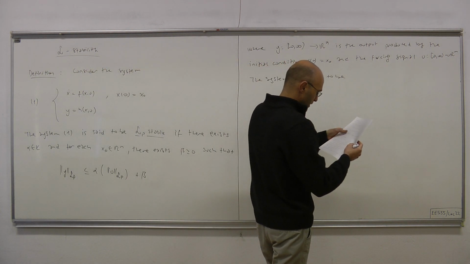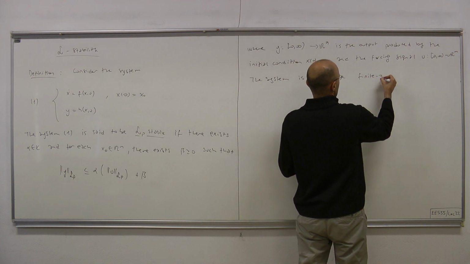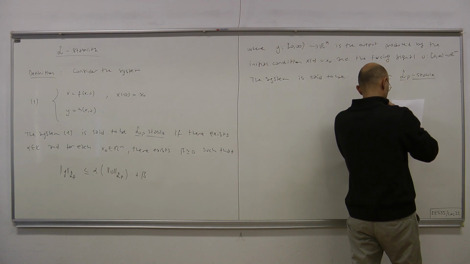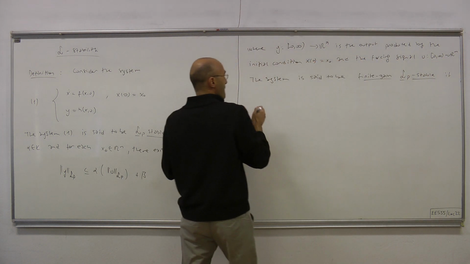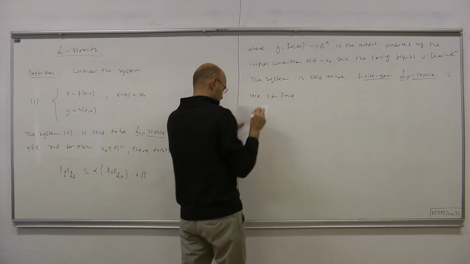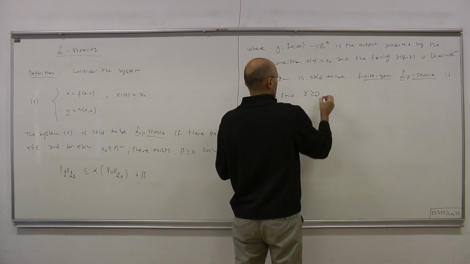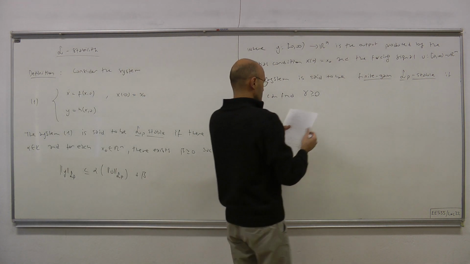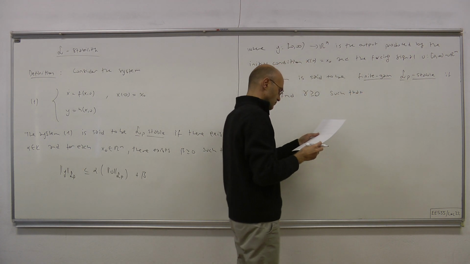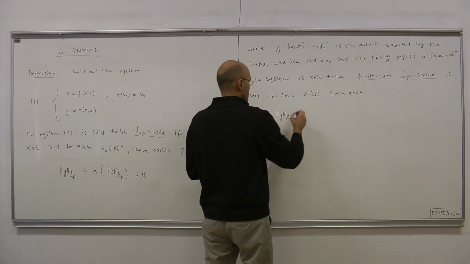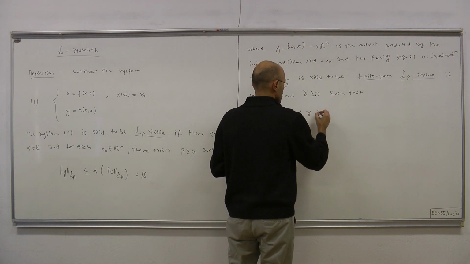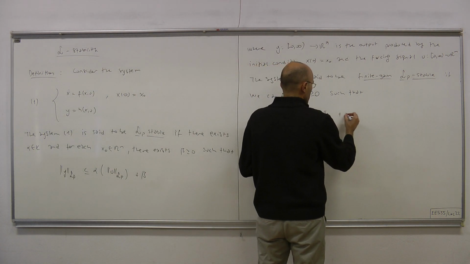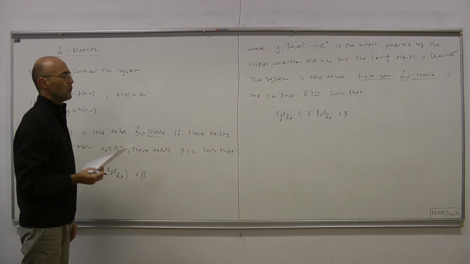Okay, the system is said to be finite gain Lp stable if you can find a constant, forcing constant gamma, which would be the slope of our class K function here, such that the norm of the output is upper bounded by that constant times the Lp norm of the forcing signal, the input, plus the constant term due to the initial condition beta.